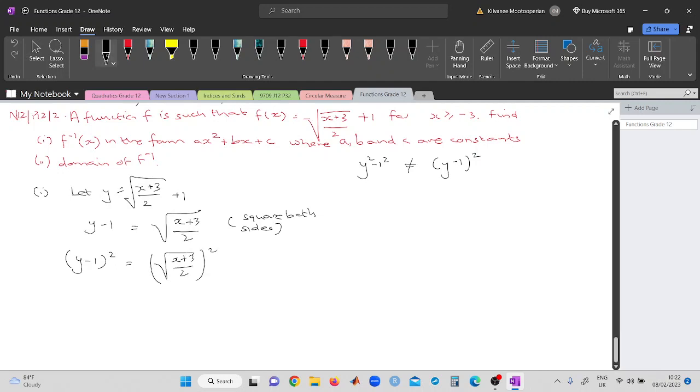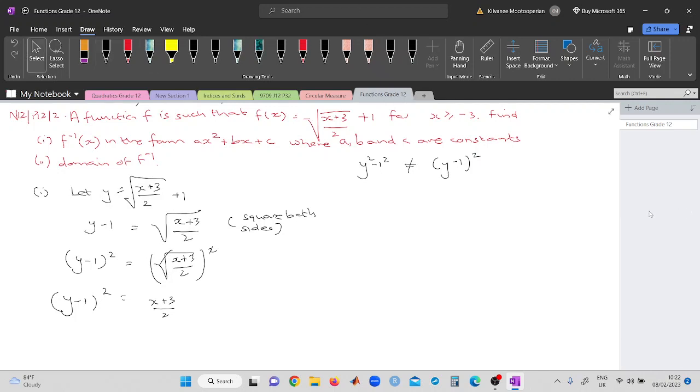For the time being I leave it like that, but let it be y minus 1 to the power of 2. Here there is no x plus 3 over 2 square because the square root with a power 2 is cancelled. Now, it's like that.